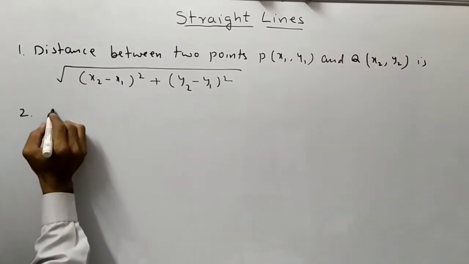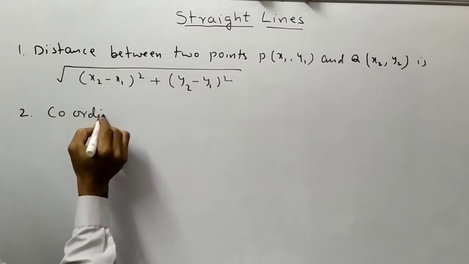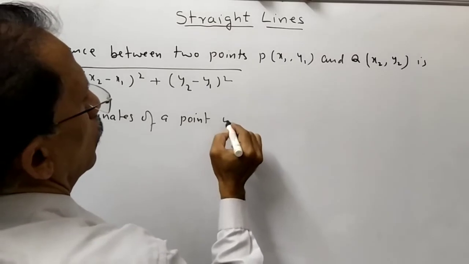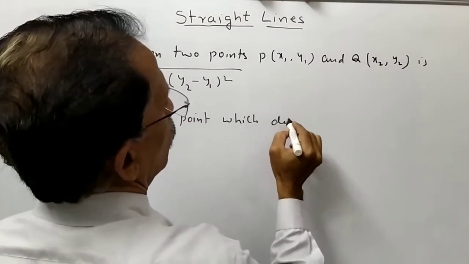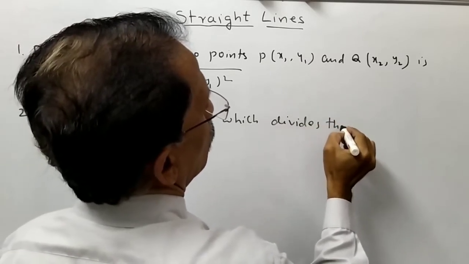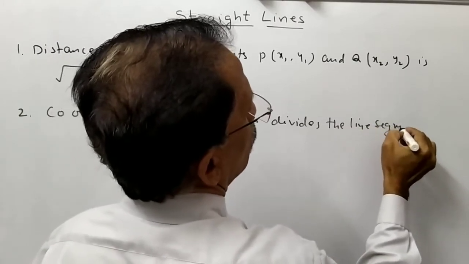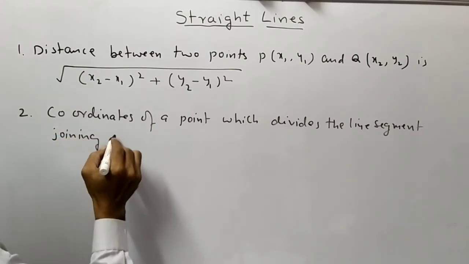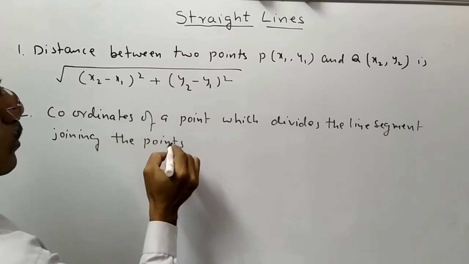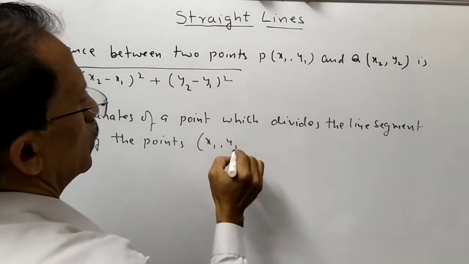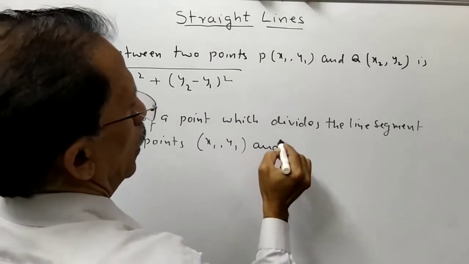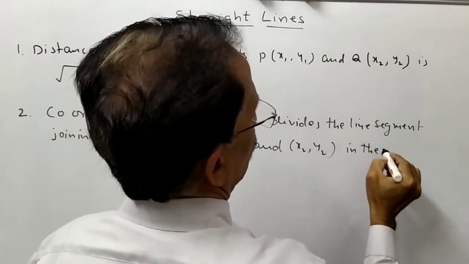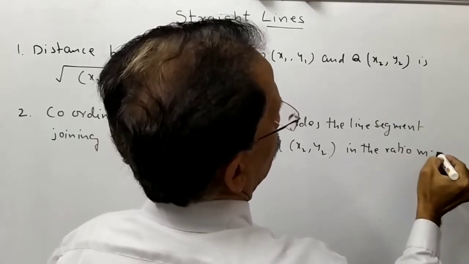Second one, coordinates of a point which divides the line segment joining the points with coordinates x1, y1 and x2, y2 in the ratio m is to n.